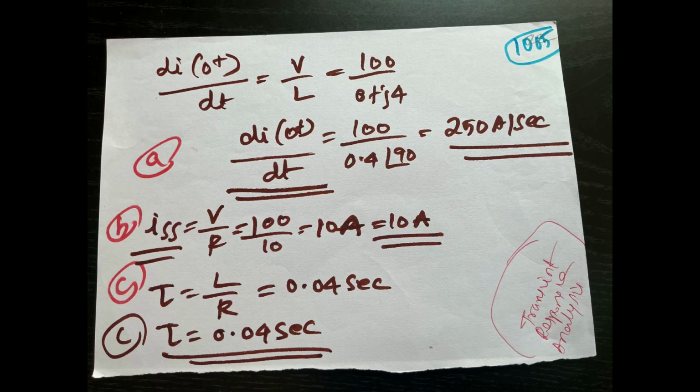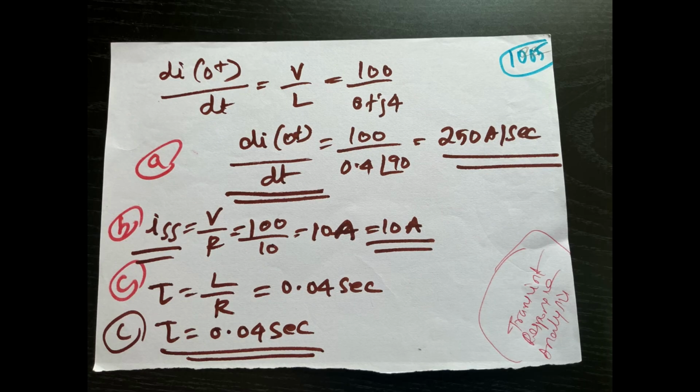That is complex format; I already explained in the previous mathematical function classes how to convert rectangular to polar and polar to rectangular using the calculator. So di(0+) divided by dt is 100 divided by 0.4 angle 90 degrees. That is the answer, 250 ampere per second.